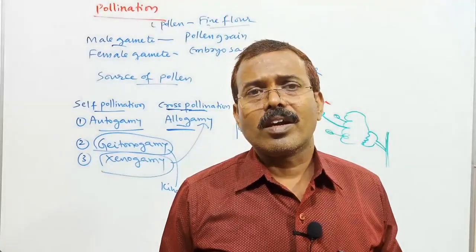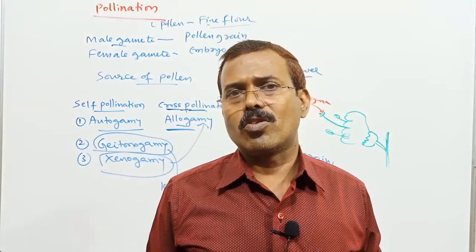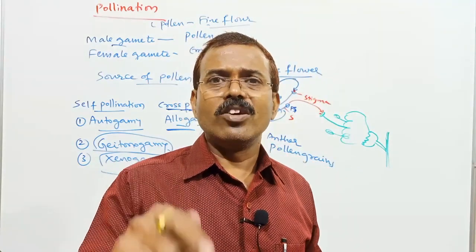What kind of conditions or adaptations or contrivances should be there in the flower to achieve self-pollination?